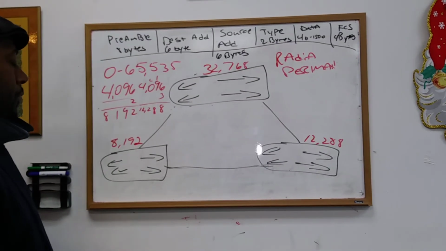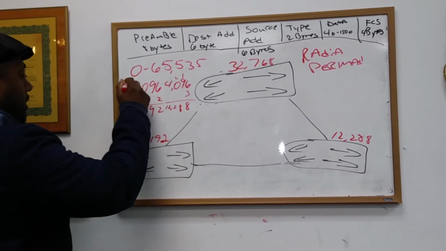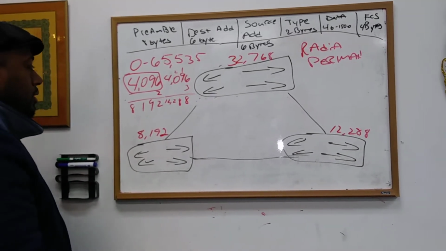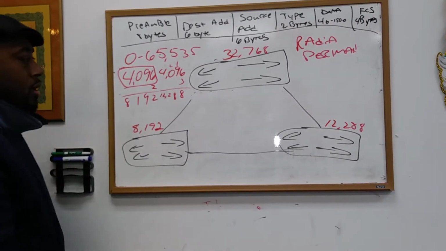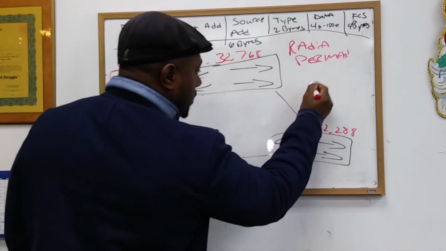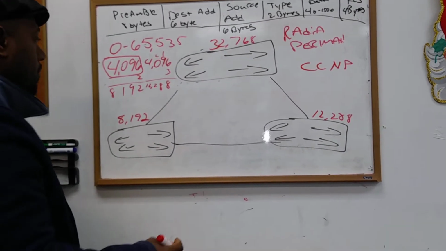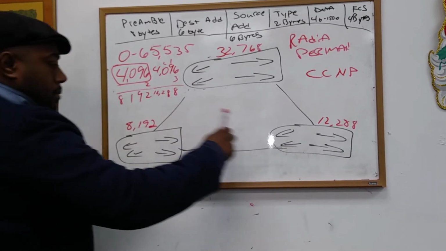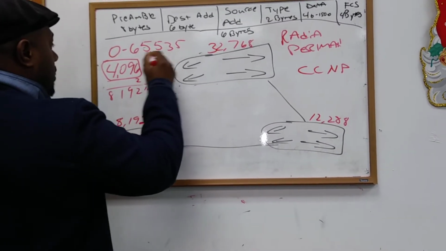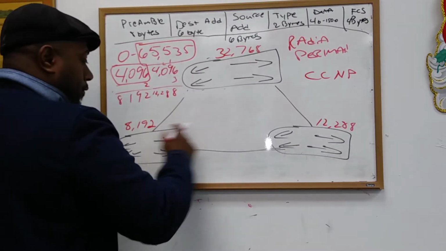But remember, the priorities have to be multiples of 4,096. So it would be good to memorize the multiples of 4,096. I believe once you get to CCNP level, knowing the multiples of 4,096 up to 65,535 would be beneficial, so you could configure the default port priorities.